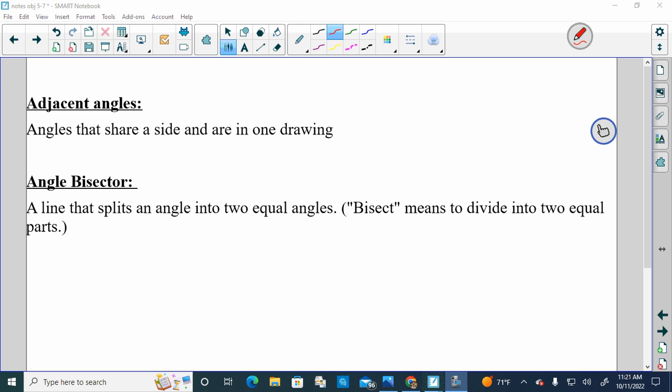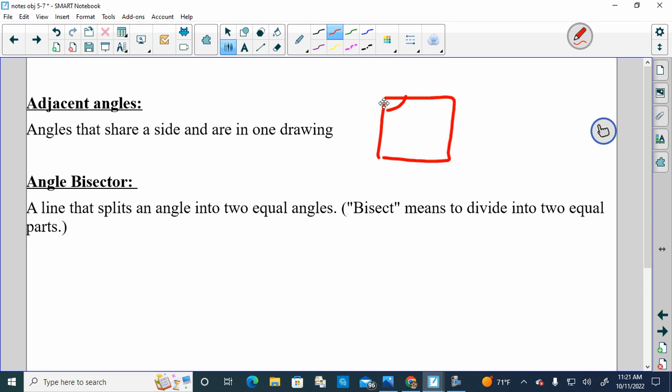Okay. So adjacent angles, angles that share a side and are in one drawing. So when you have, say, a square, let's make it simple. Something like that square, not right. It doesn't matter. Adjacent angles are angles that are next to each other. So if I'm talking about this angle right here, I'm not going to say this one over here is the adjacent one.